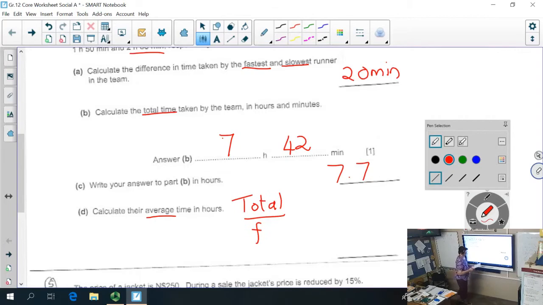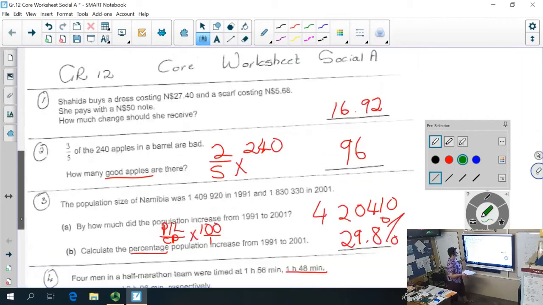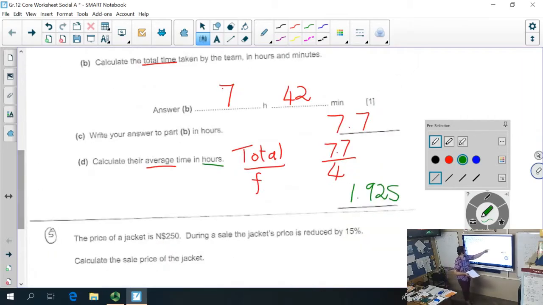So actually, you can just use this one, 7.7, divide by the 4 athletes, and then we get the average, and the average is 1.925. Look, they say in hours, so I don't need to change it back to minutes. I can just work with hours there. I use that total time and divide by the 4 candidates, the 4 runners.